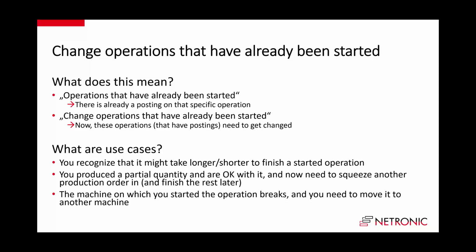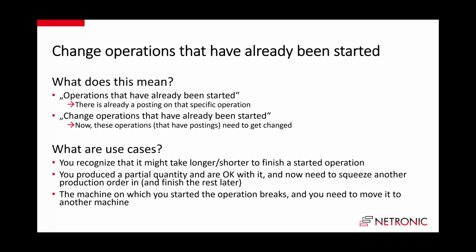Then it can also be that you produced a partial quantity, you're pretty okay with it, and this is a partial quantity that you can already ship to your customer, and now you need to squeeze in another production order on that machine and finish the rest of that previous production order later. So you could say, okay, I want to split this.